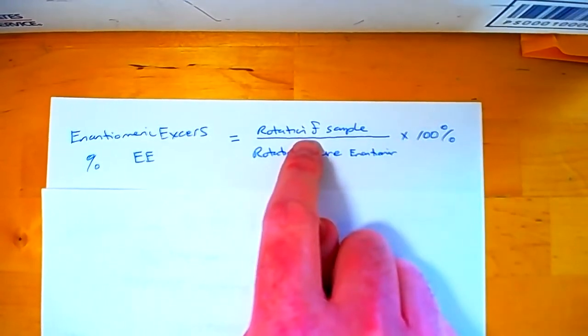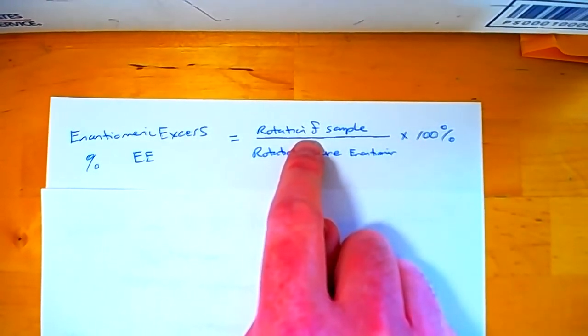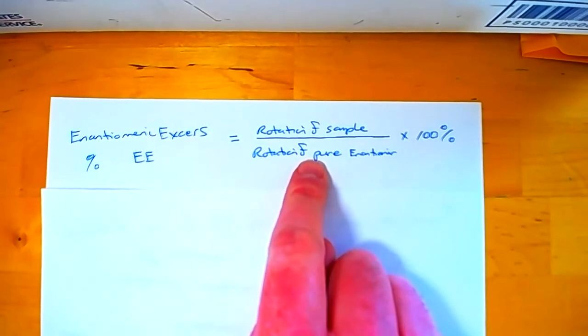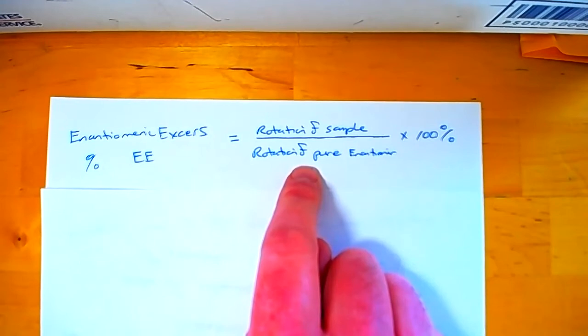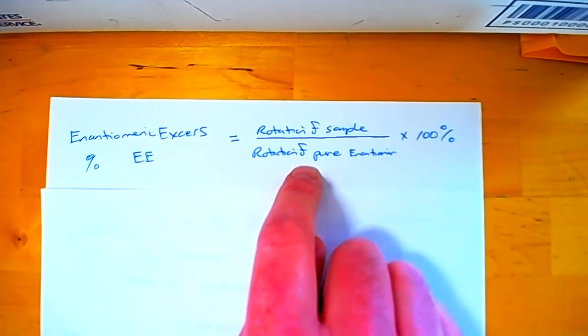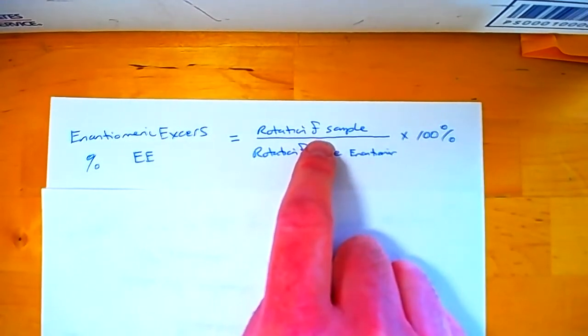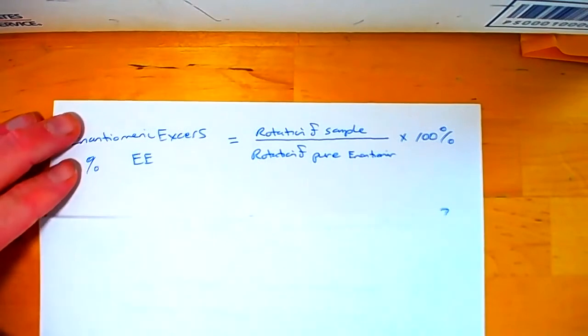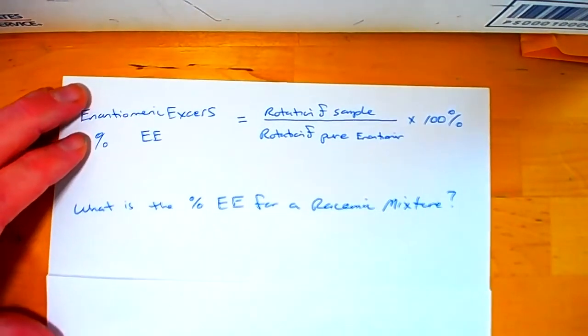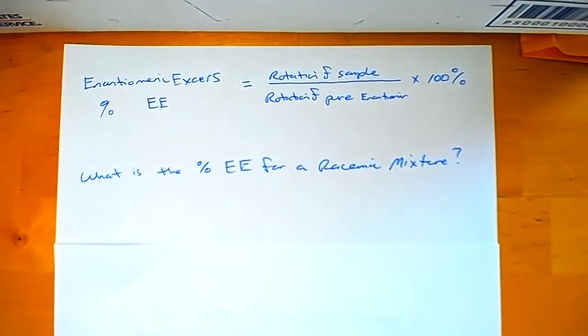But every time the rotation deviates in the sample from the pure rotation, it will never go above that number, simply because the other enantiomer is going to be rotating in the opposite direction, and that's going to cause this value to decrease. So what would be the enantiomeric excess for a racemic mixture?